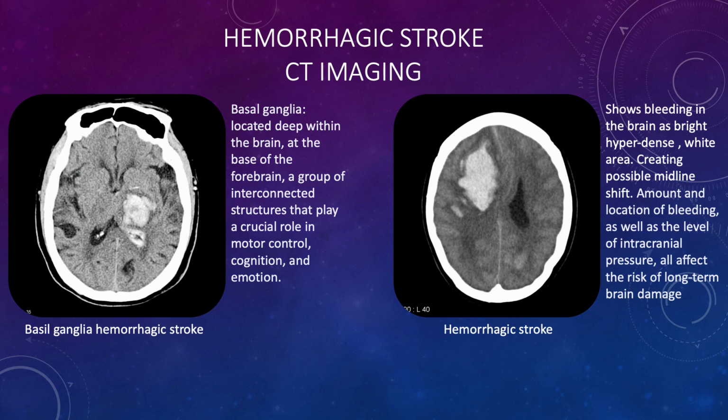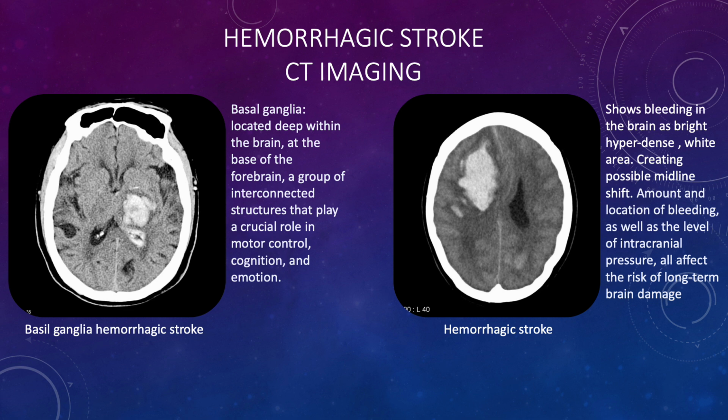Here we have two pictures of a hemorrhagic stroke. When assessing hemorrhagic strokes, they appear as bright white hyperdense areas on brain imaging. On the left is a basal ganglia hemorrhagic stroke.